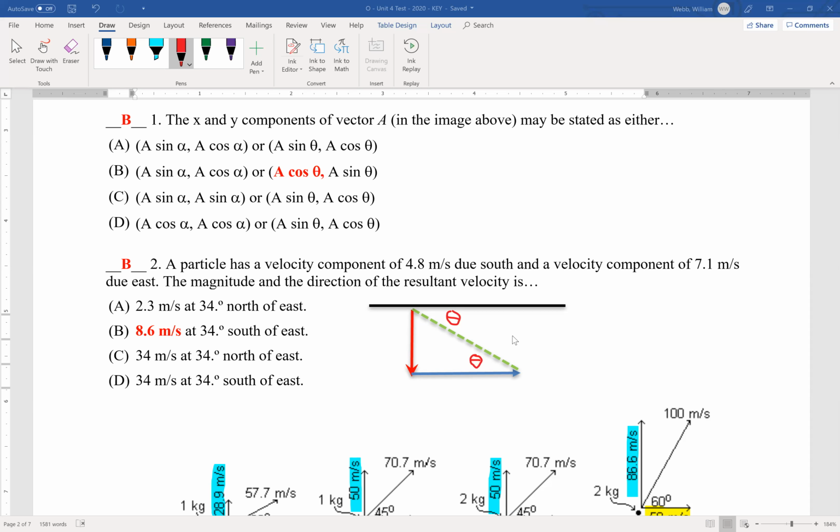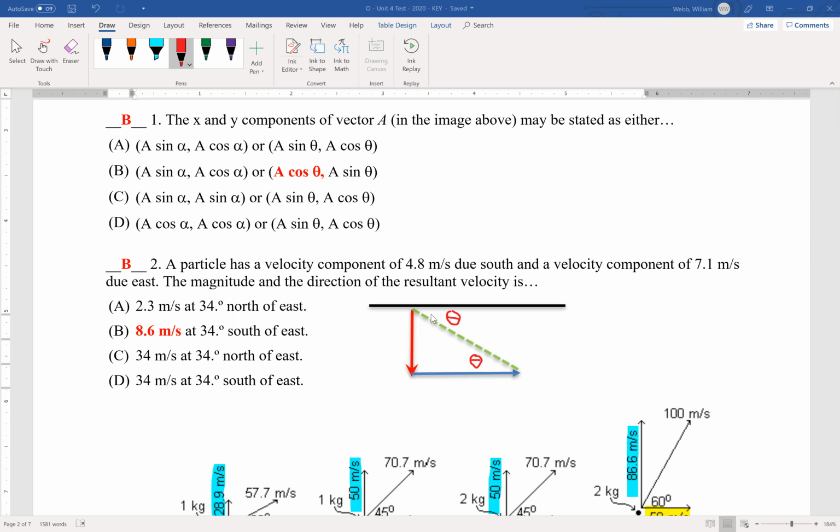If I look at this angle, this theta I've drawn down here between the green and the blue, it would be equal in value to the angle between the green and the x-axis. They're internal opposite, right? So those two angles would be equal. The angle within the triangle is a little bit awkward in terms of defining the direction because of the way it's shown.